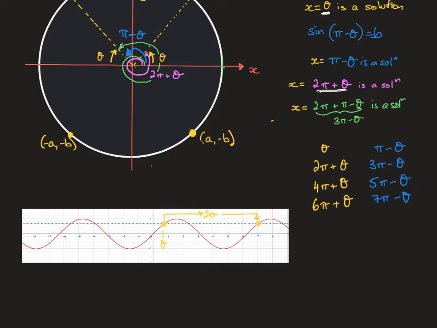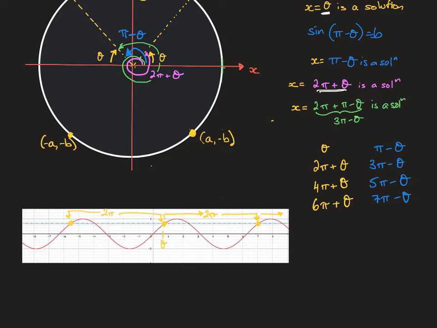If we added another 2 pi, we'll end up on the same position of the graph on the next cycle to the right hand side. Or we can come back this way and go minus 2 pi, which will bring us to this point here on the graph, which is also 2 pi distance from that point.